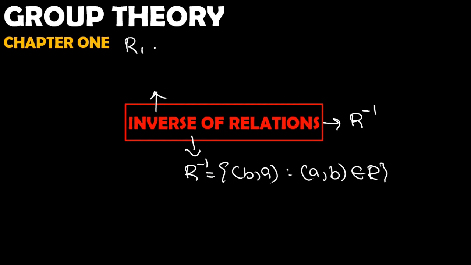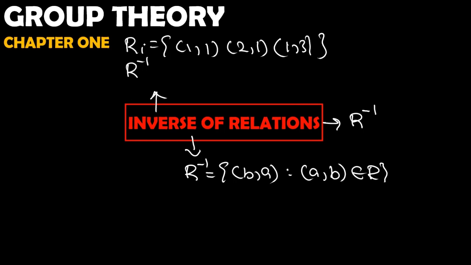For example, if we have a relation like (1,1), (2,1) and (1,3), then the inverse of the relation will be (1,1), (1,2) and (3,1). So in this way we get the inverse of the relation.